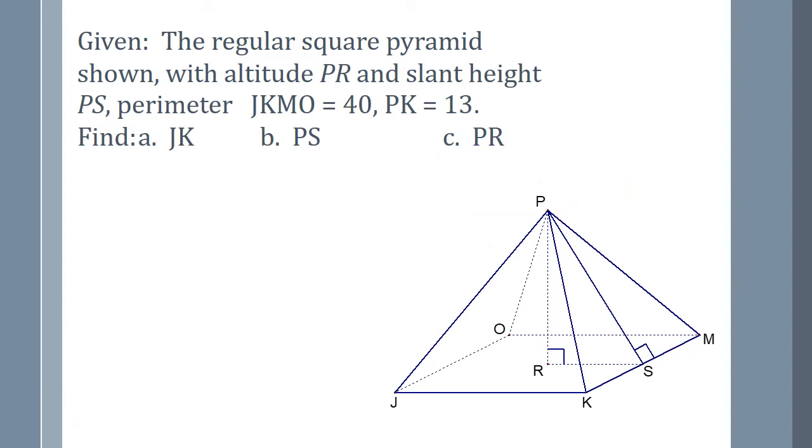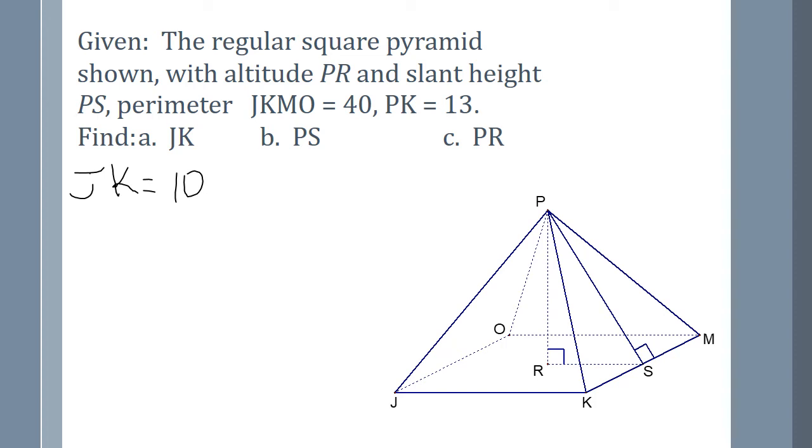Okay, given the regular square pyramid shown with altitude of segment PR and slant height of PS, the perimeter of JKMO is 40, PK is 13. Find the altitude. Well, if the whole perimeter is 40, then JK is 1/4 of that, so JK is going to equal 10. Now, PS we want to find.